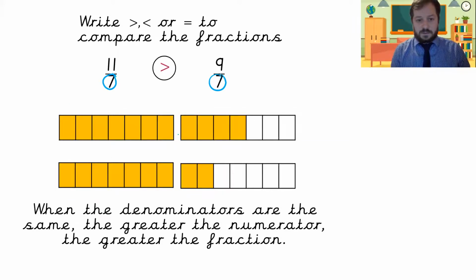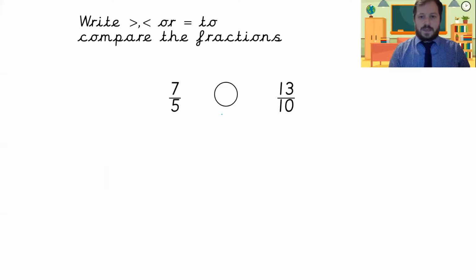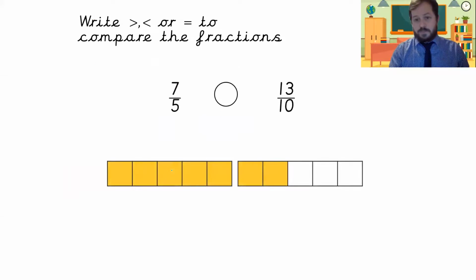Here's 11, here's 9. We have more here. We know that because all we're doing is comparing numbers in the right order, because that's what happens when our denominators are the same. Told you, same rules. Exactly the same rules continue to apply.